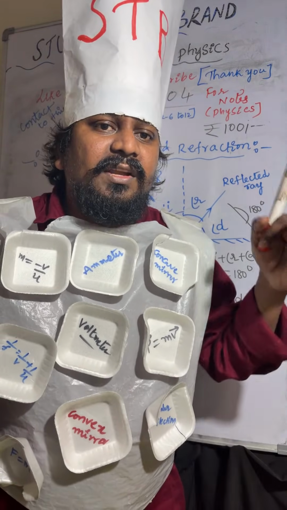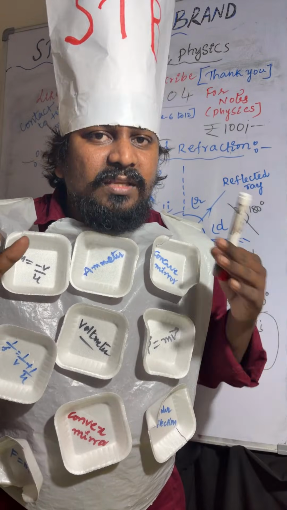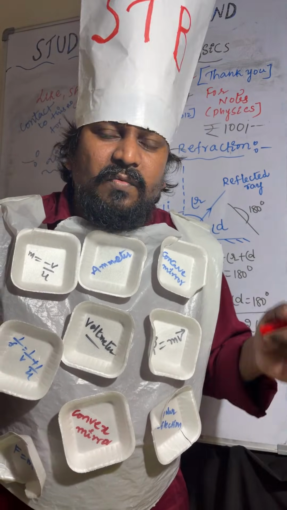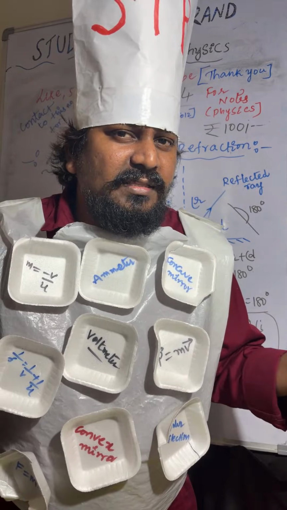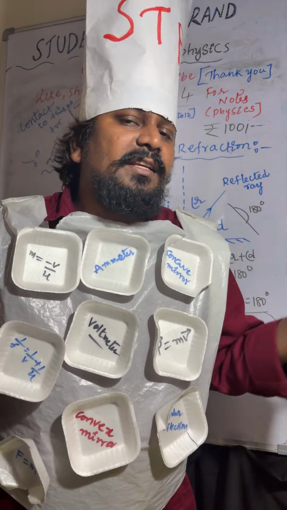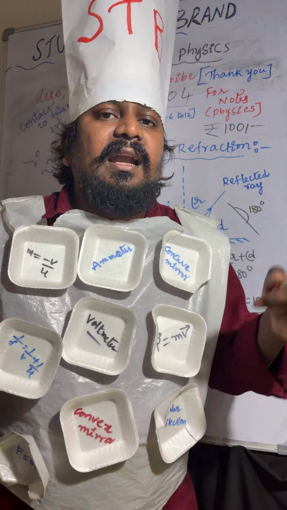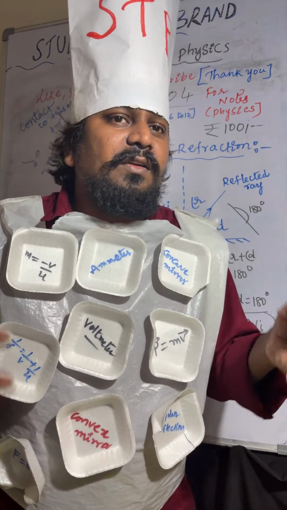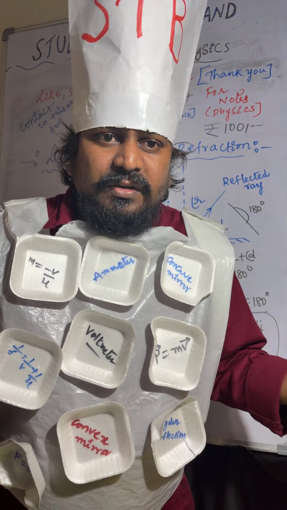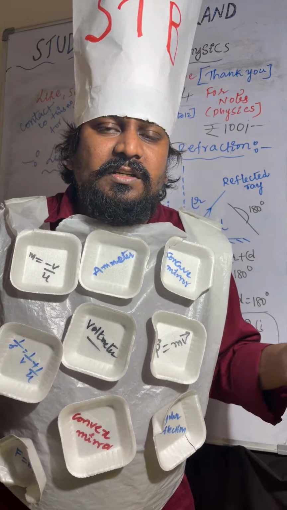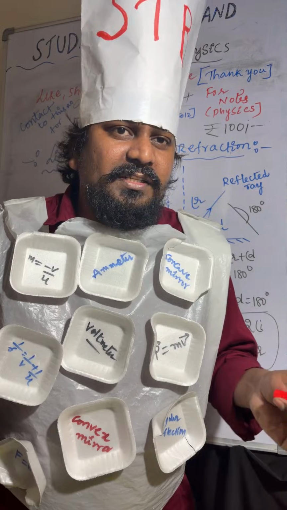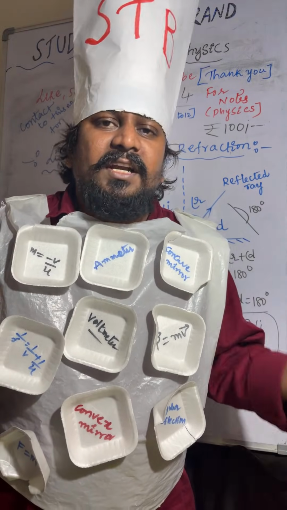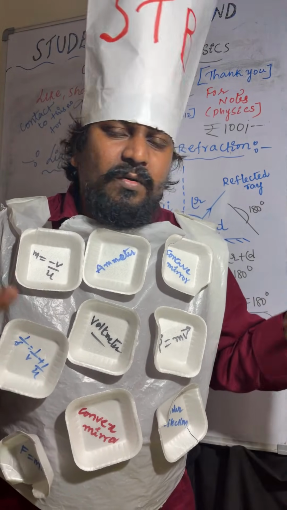Okay, so angle of deviation equal to 180 minus 2 angle of incidence, and angle of deviation equal to 180 minus 2 into angle of reflection. So that is about angle of deviation. I hope it is very clear.